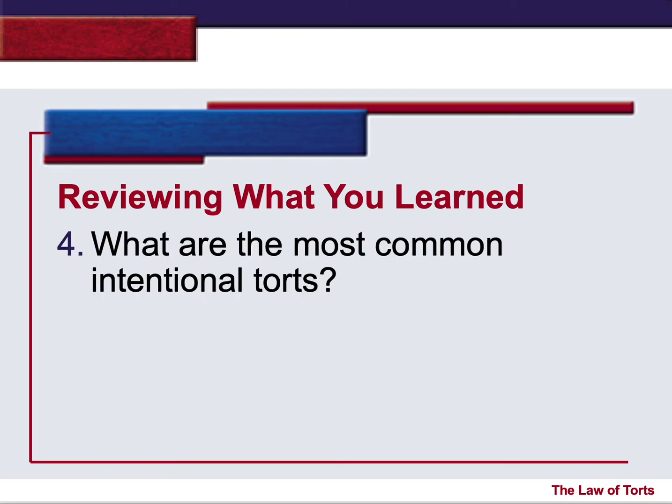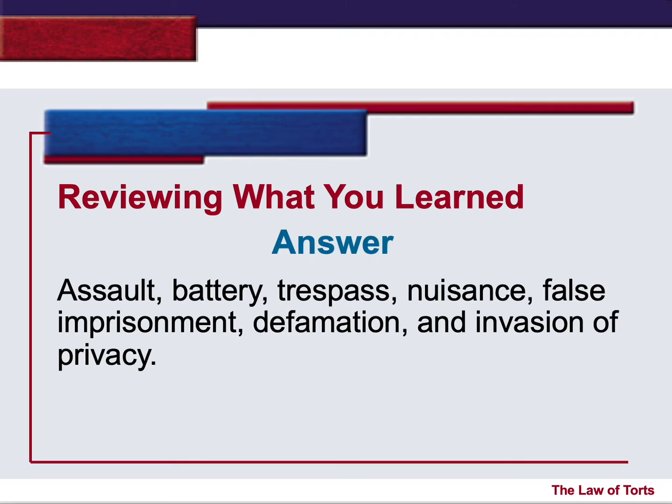And then let's think of some common intentional torts. Assault, battery, trespass, nuisance, false imprisonment, defamation, and invasion of privacy. Infliction of emotional distress is on there. We'll get to some of the other ones very soon in this unit.